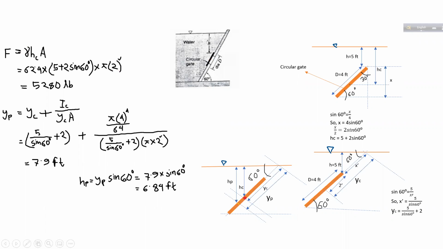Now, what is HC? Let us look at this figure. Here, this is our circular gate, which is represented here. If you consider a line parallel to this line, this angle must be equal to 60 degrees, which is represented here.